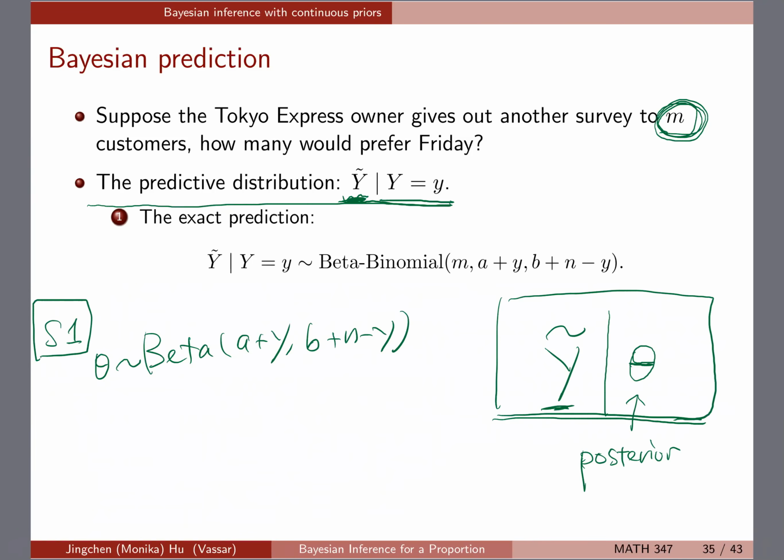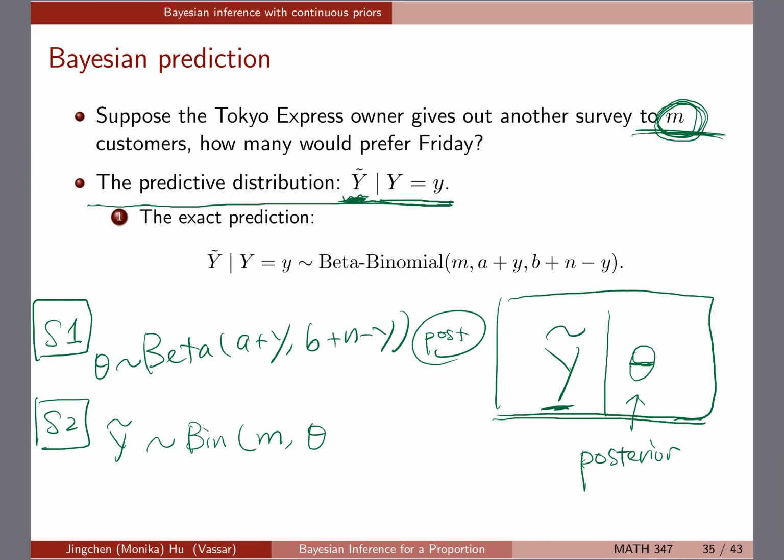And then step 2, this is the posterior, it's worth highlighting. And step 2, it's going to be a binomial because now we're given the sample of n survey respondents. So total trials is n, and then whatever theta value you had previously.